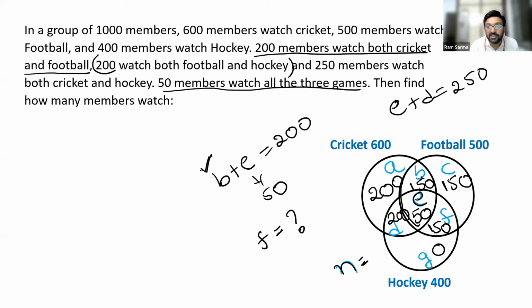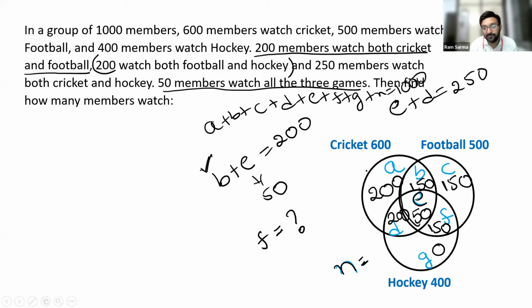So A plus B plus C plus D plus E plus F plus G plus N should give you 1000. Now, the sum of all these things gives you 900. By adding all these things, you will get 900. When subtracted from 1000, you will get 100. So N equals 100.